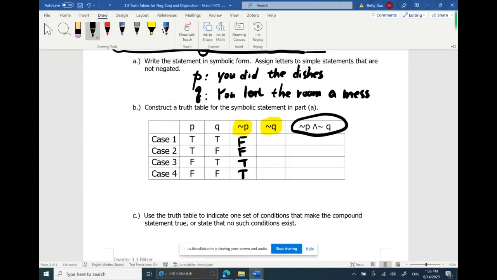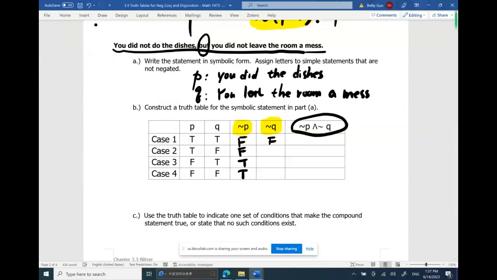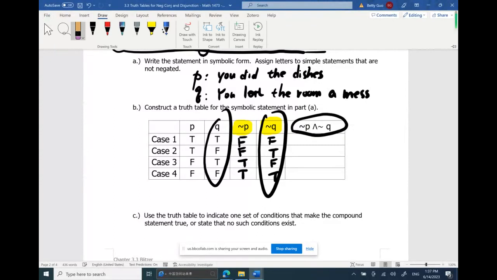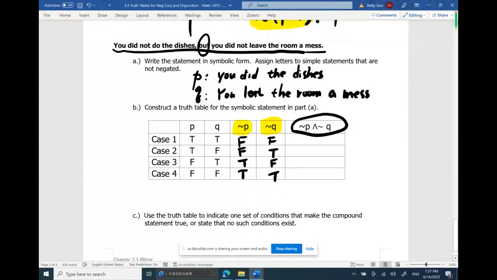Okay, and then we do not Q. Look at column 2: TF, FT, TF, FT. This column and this column should have opposite truth values because they are negations.